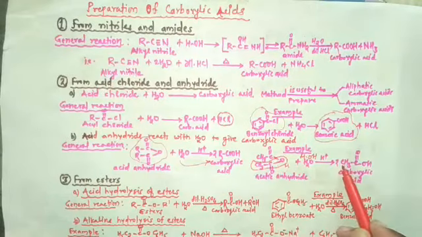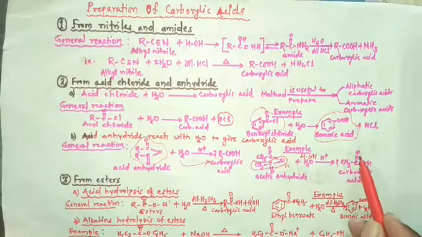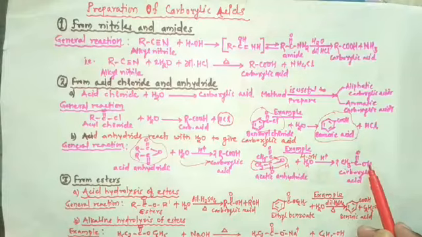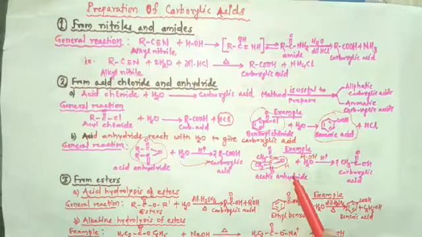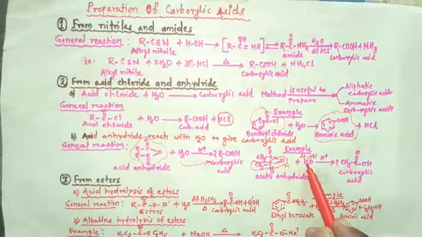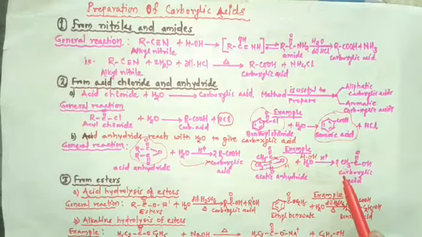So here 2 CH3C double bond O, OH, that is carboxylic acid, and that carboxylic acid, acetic acid, is formed. So acetic anhydride on reacting with water produces acetic acid.